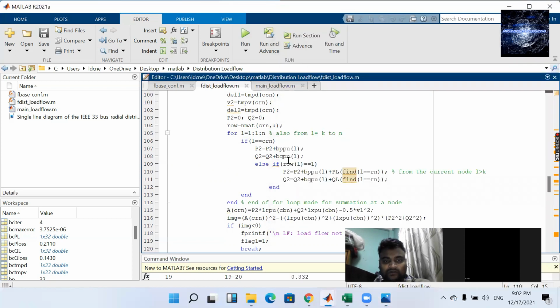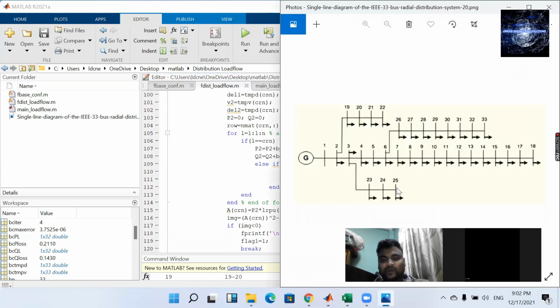Here we are not taking the losses, because if we are calculating the power flow through the 23rd bus, then for the power supplying from 23rd to the load of 23rd, there won't be any losses.